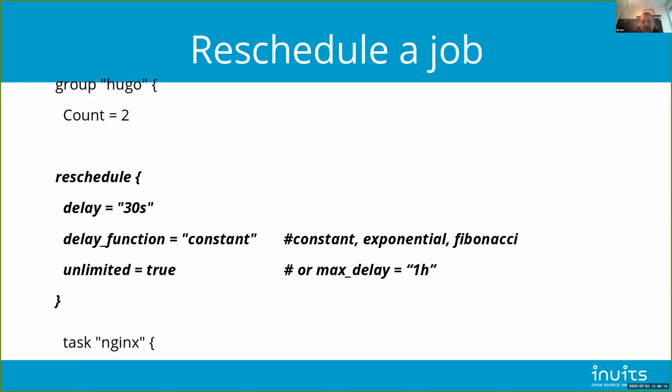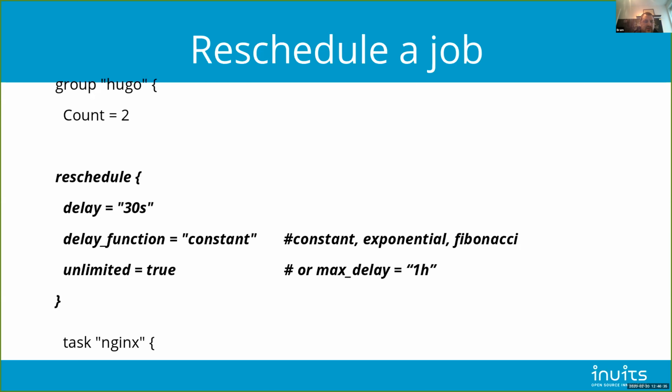So it will try again, and there's 3 delay modes. Basically, it's constant, which is a steady interval; exponential, where the interval will get longer and longer and longer, or the Fibonacci, which is another way of making intervals longer.